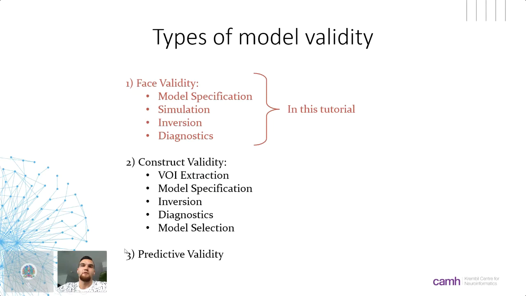And then finally, you have predictive validity, where you would predict additional features of data based on what your model suggests, and then test whether those predictions are true by conducting experiments. So this is the context. We're mostly focusing on some basics of DCM, but there are also these more general aspects of data analysis when it comes to simulations and how to think of the value of this analysis.